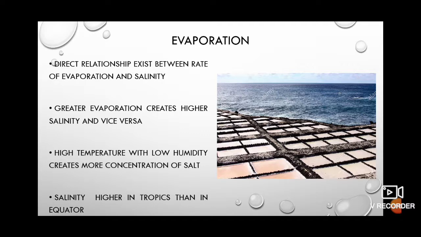There is a direct relationship between the rate of evaporation and salinity. That is, if the evaporation is very high, then the salinity will be higher, and vice versa. When evaporation takes place due to high temperature with low humidity, there is much concentration of salt. In the lower latitudes, like the tropics, salinity is generally higher.